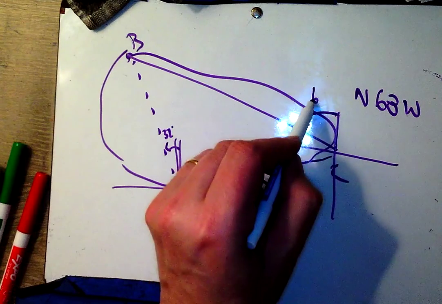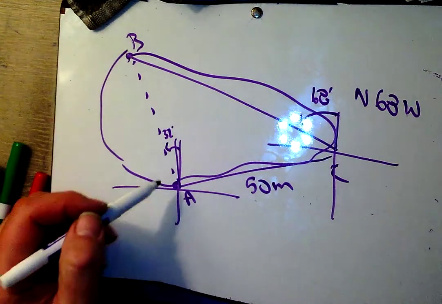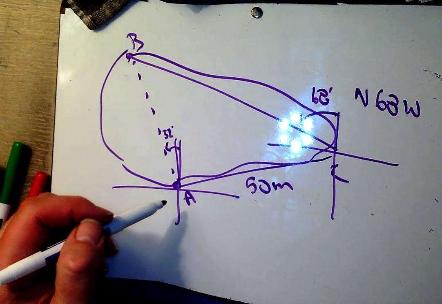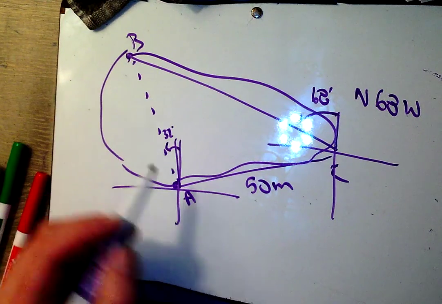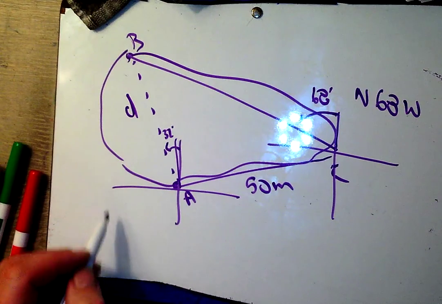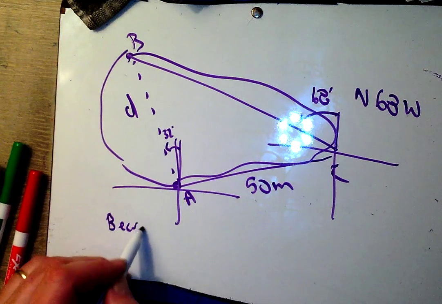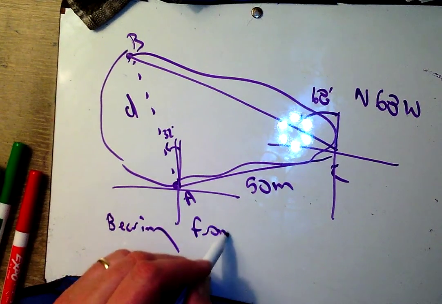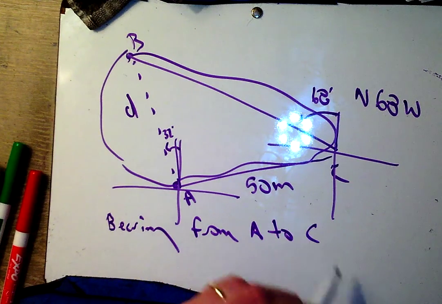So this is 68 degrees here. Okay. And what do we want to know? Well, we want to know what that distance is, AB, and we want to know the bearing from A to C.